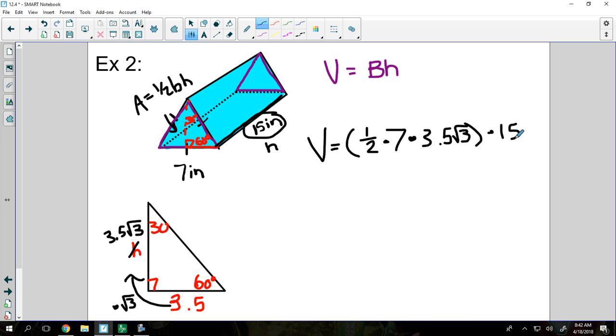And then we could just key that in as it's written, a half times 7 times 3.5 root 3. If your calculator puts a parenthesis there, make sure you close it, and then times 15. And when I do that, I got approximately to the nearest tenth, 318.3. And again, units cubed.